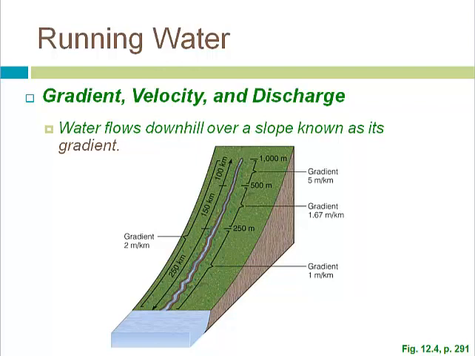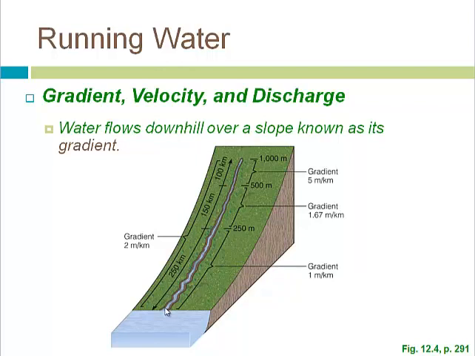If you're at the headwaters, which is the top of the stream, it might be more rapid than at the bottom, which would be the tailwaters. Water velocity is different depending on where you are, and then the discharge rate can be different depending on where you are in the stream. So what we do is we actually look at different sections of a stream, and that's what they're showing you here. If you're at the top of the stream and you're measuring gradient, velocity and discharge up here, it's going to be different than what it is down here at the bottom.